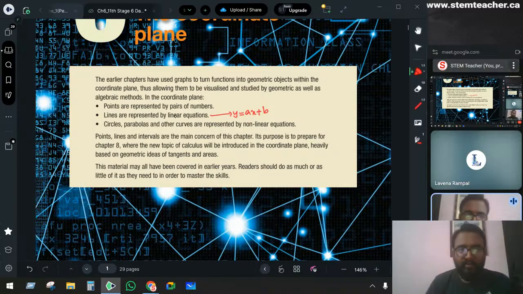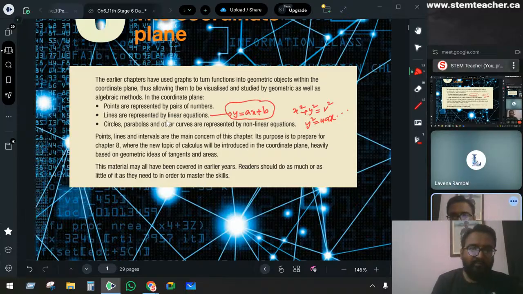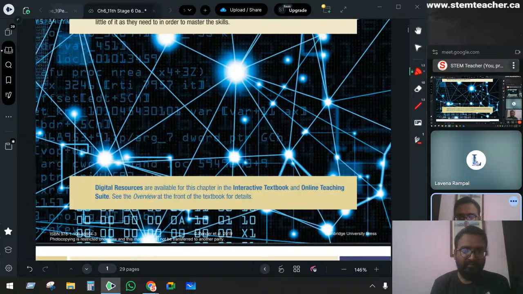And non-linear means the circles, x squared plus y squared is equal to r squared, or y squared is equal to 4ax. All other forms are non-linear equations. And before that, we have to understand how the coordinate plane is divided, how the distance can be evaluated, what is the gradient, average, and all we have to discuss.